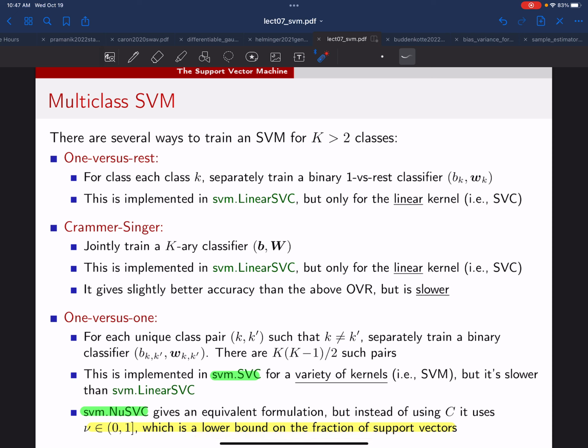If you want half your data to be support vectors, you could try nu equals 0.5. For every nu, there is a corresponding C that will give you exactly the same classifier. So the quality of the classification is no different. It's just a different way of interfacing with the design.